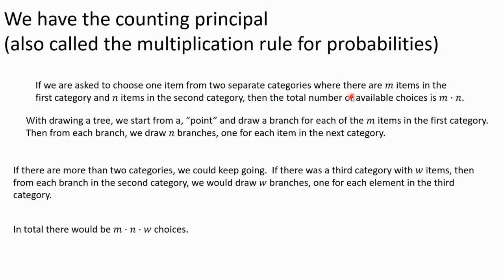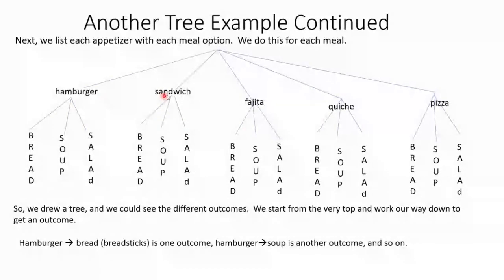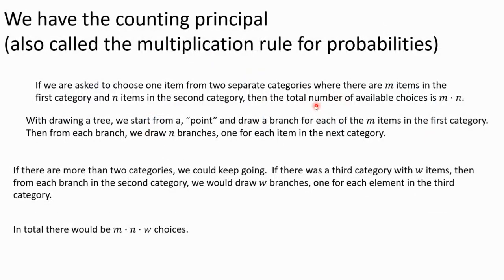And if there are m items in the first category and n items in the second category, so in this case we had 5 items in the first category, the meal, and 3 items in the second, the total number of available choices is m times n, or the total number of possible outcomes.